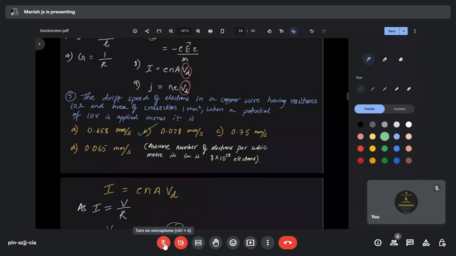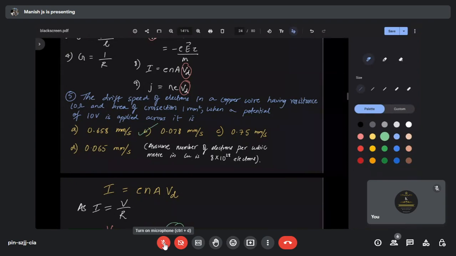So here you have to be careful with the conversions. Conversions you need to take care of and appropriately go for a simplification. Okay. So electron charge we substituted correctly. Number of electrons also you substitute, and appropriately you go for a simplification.